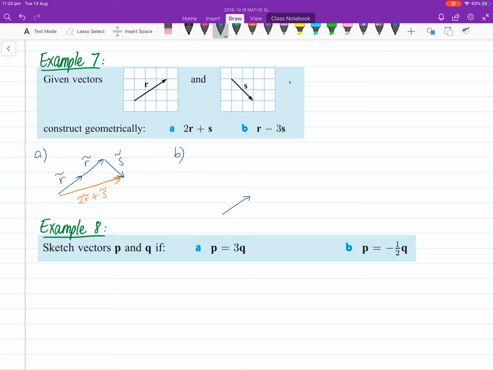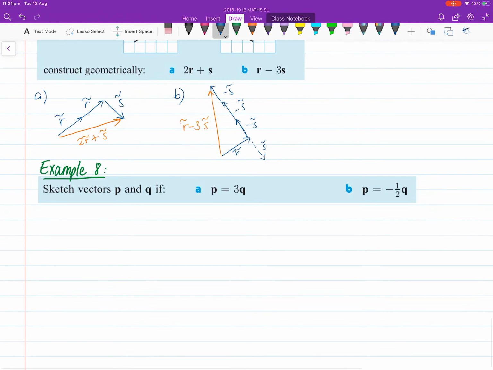Yep, that's R. Now S is normally going like this, but I want minus 3S, so it's going to go this way, but it's going to be 3 times as long. So there's minus S there, minus S, minus S. Does that make sense? So that's minus 3S. So that means your resulting vector is going to be that one, isn't it? So that's R minus 3S.